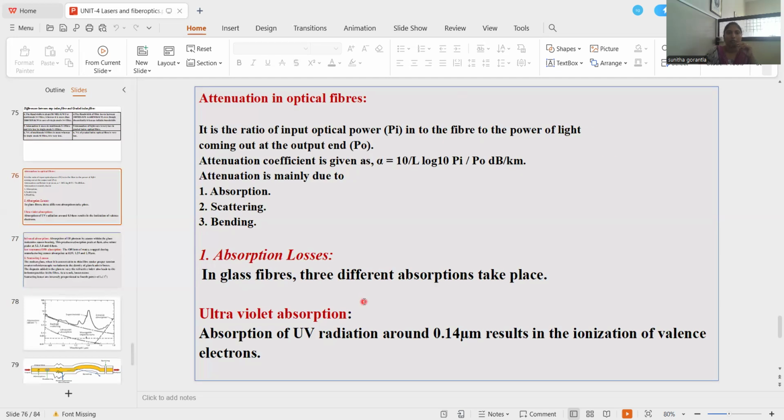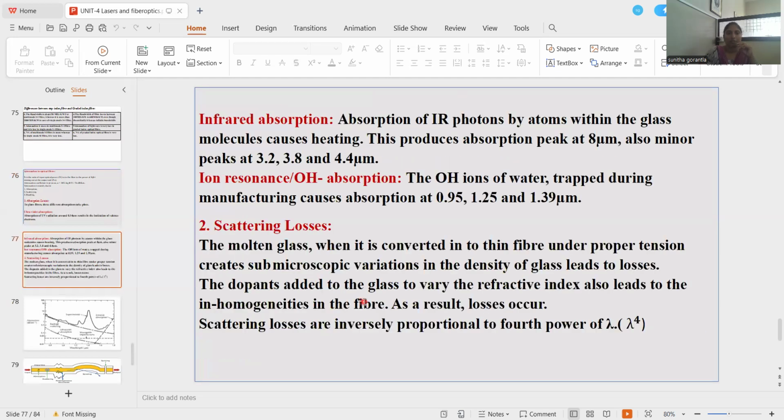Second, infrared absorption: absorption of IR photons by atoms within the glass molecules causes heating. This produces the absorption peak at 8 micrometer, also minor peaks at 3.2, 3.8, and 4.4 micrometer.